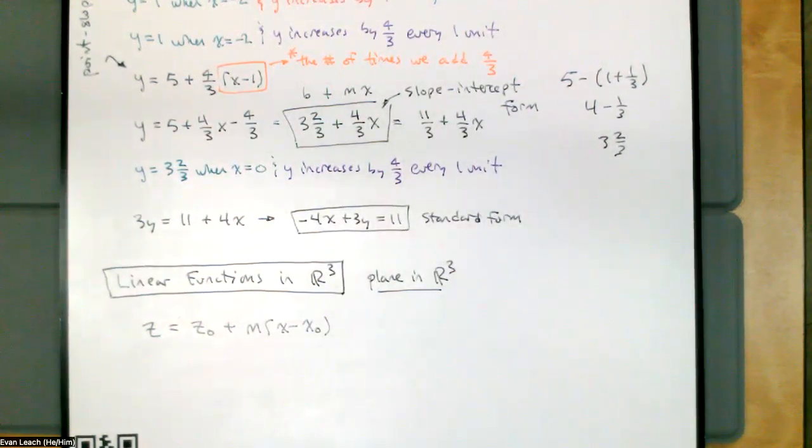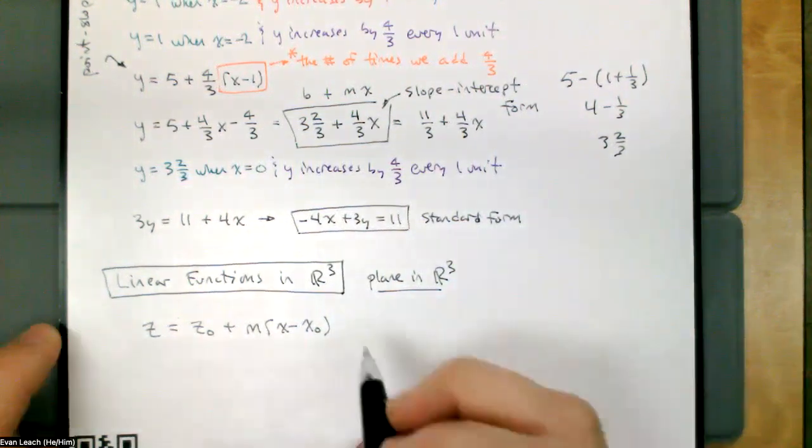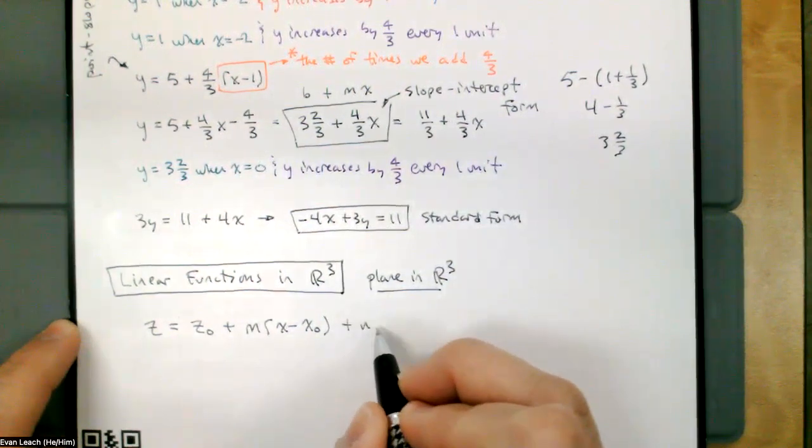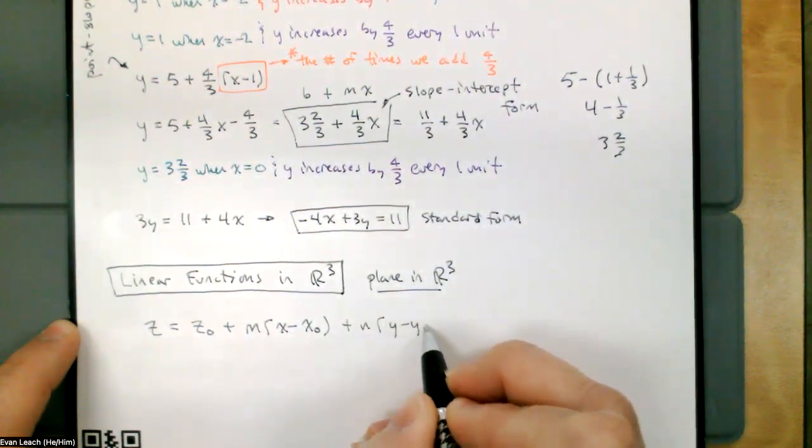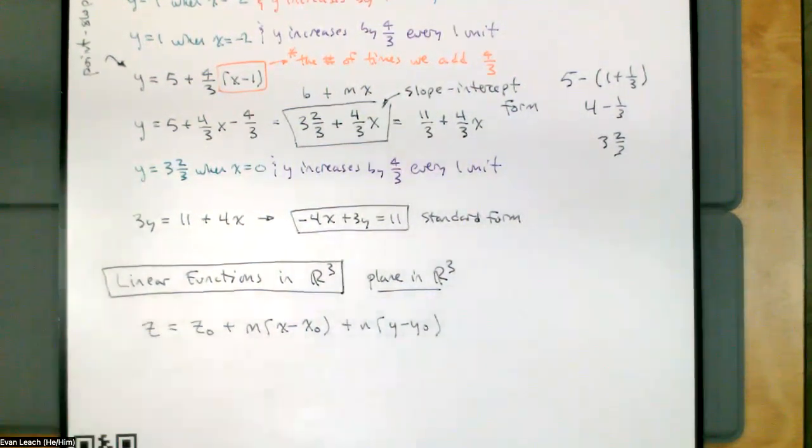Here's a slope in the X direction, which looks like just a line at this point. Now I'm just going to have another term for the Y's: plus n times y minus y naught.